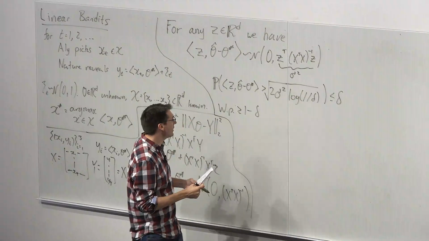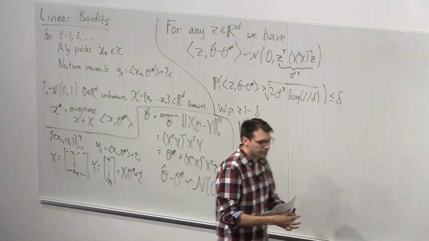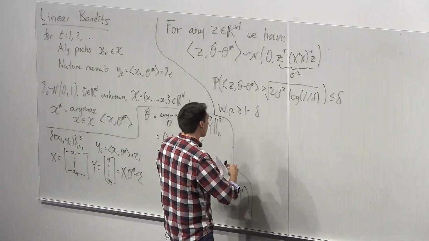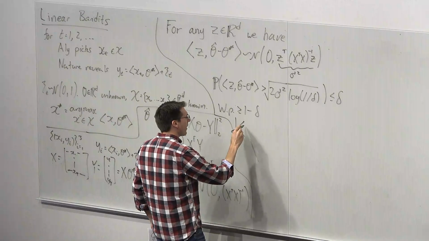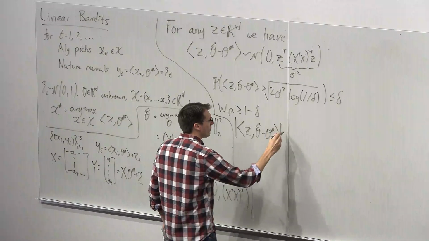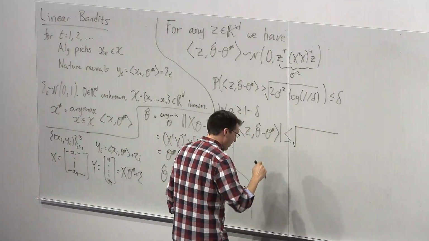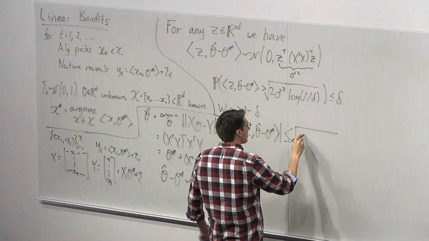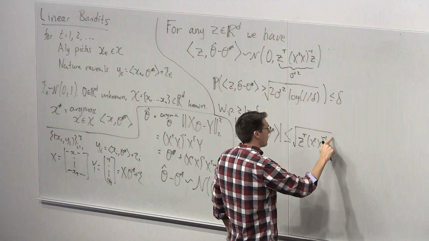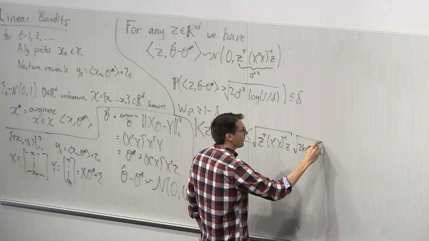So it'll still hold with probability 1 minus delta, and I'll have that the absolute value of z transpose (theta hat minus theta star) is less than or equal to, I'm going to plug this in, square root of z transpose (X transpose X) inverse z times square root of 2 log 2 over delta.